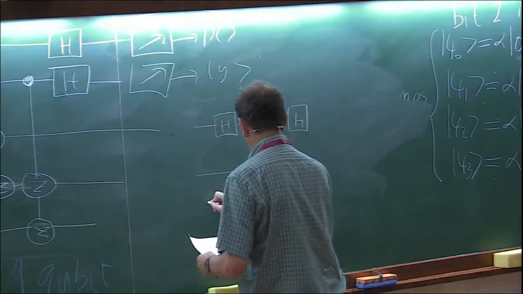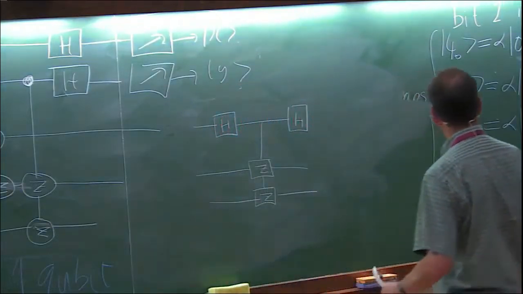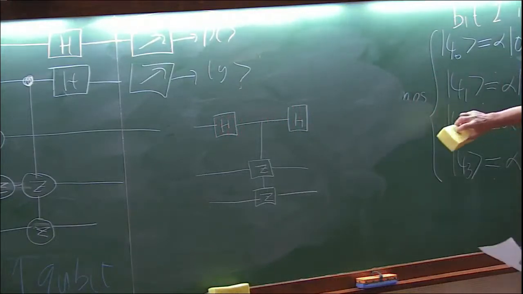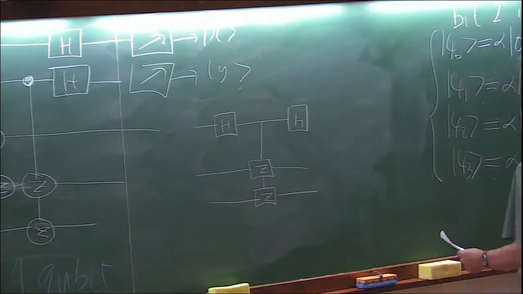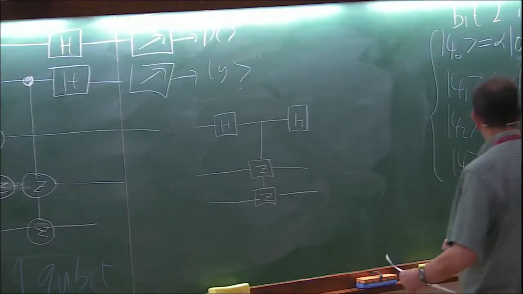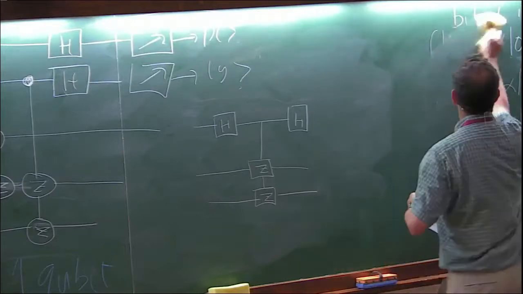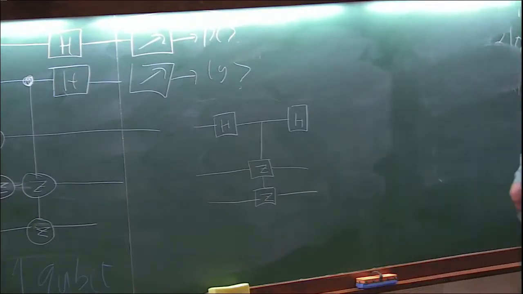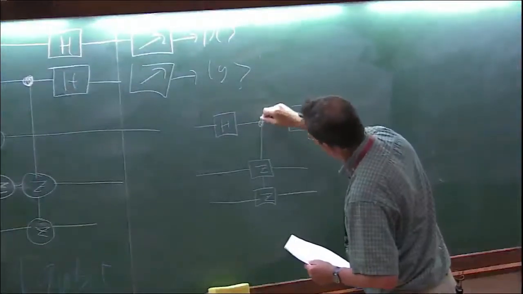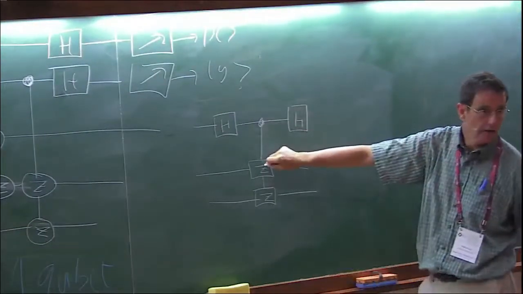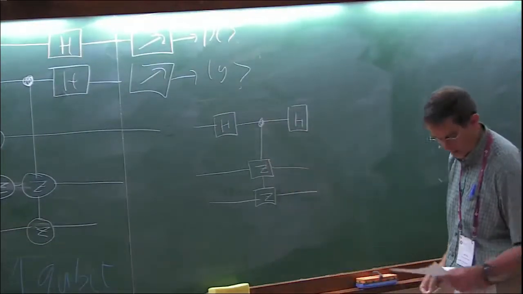For control Z gates, there's an equivalence between the control qubit and the target qubit, or in this case, there are 2 target qubits.